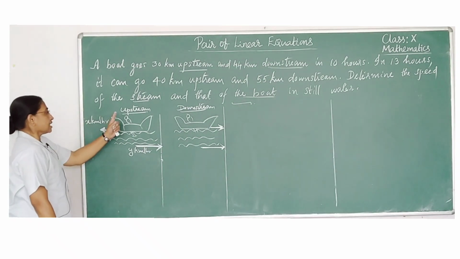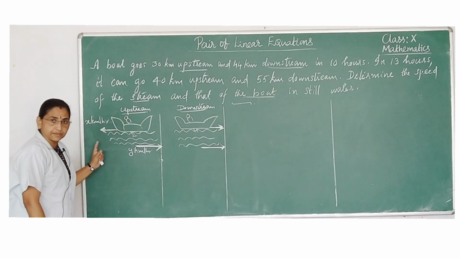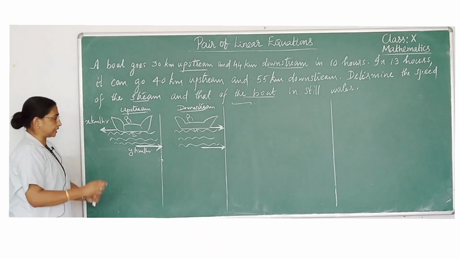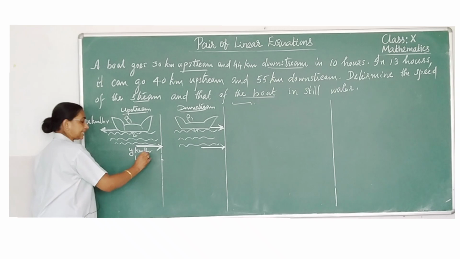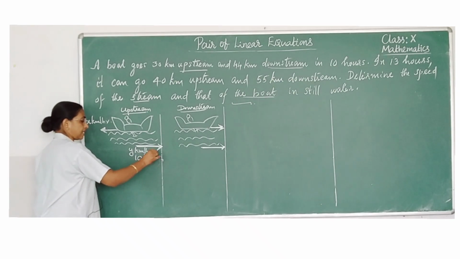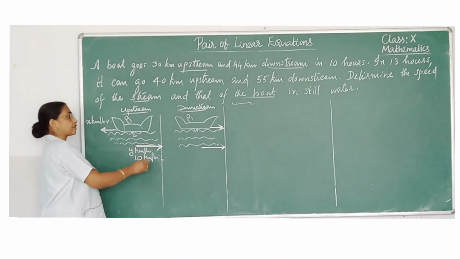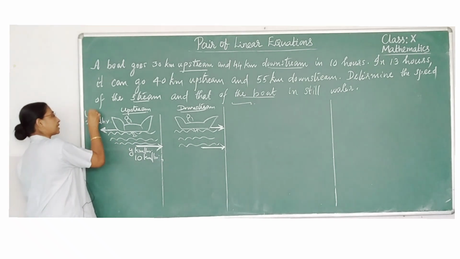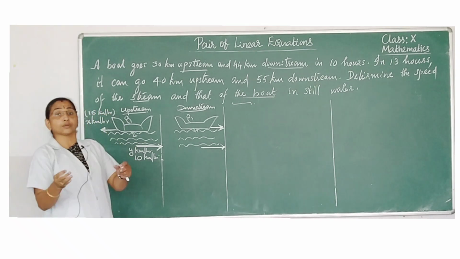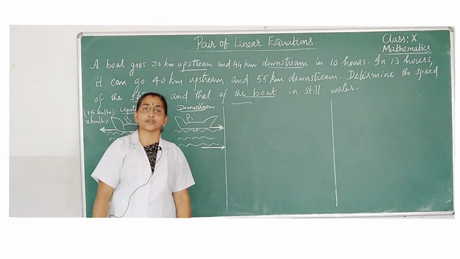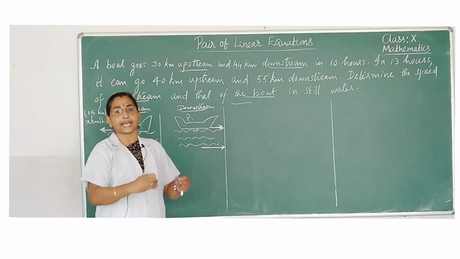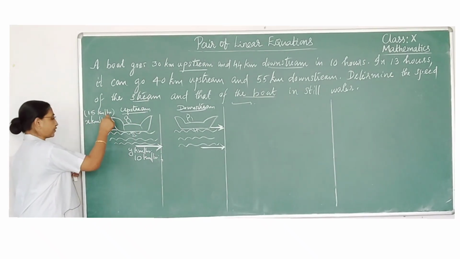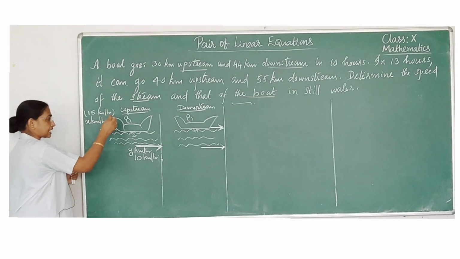Definitely, when the boat moves in the upstream direction, it has less speed. For example, suppose the speed of the stream is 10 km per hour and the speed of the boat is 15 km per hour. For the boat to move against the direction of the flow of the river, the man needs to take much strain. So definitely the speed will be lesser in this case.